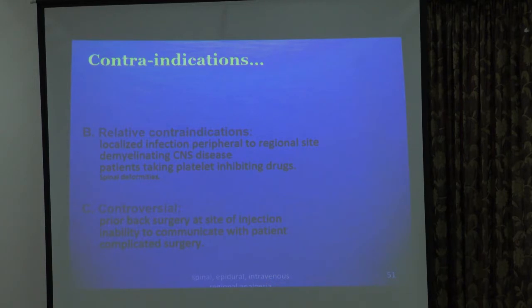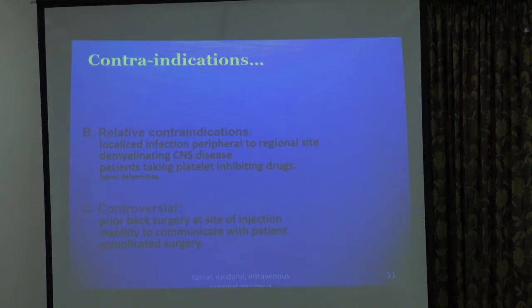And the other relative contraindications, things like patients with coagulation disorders, we have our severe preeclampsias that come. At times you do a bedside clotting, it's 10 minutes, 15 minutes. Don't do a spinal in them. Yeah, it is 50, 60.